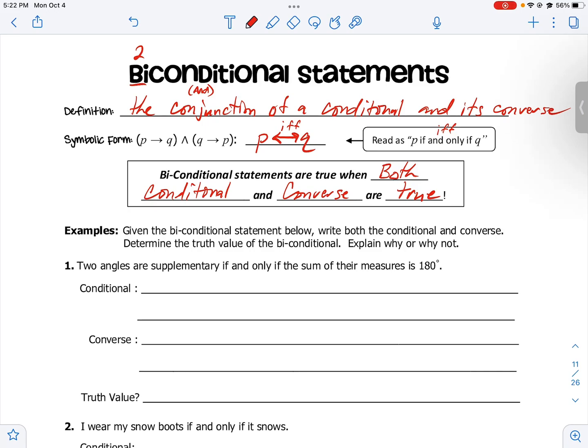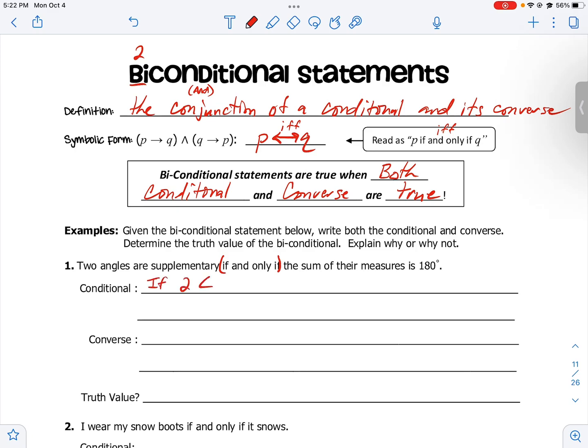So let's look at some examples here. Given the biconditional statement below, write both the conditional and the converse and determine the truth value of the biconditional. Explain why or why not. Well, the "if and only if" is the breaking point, and the hypothesis is in front, and the conclusion is in the back.